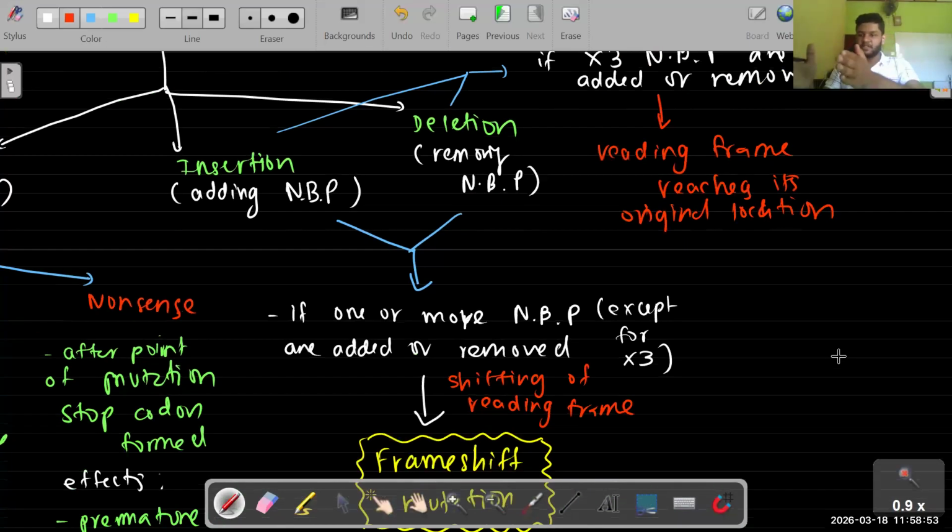Reading frame will be after the shift. If this is the sequence and we are adding triplets, the shift won't take place in this manner, it will just be adding. Now just think, this is the reading frame sequence. I'm adding one nucleotide pair, the reading frame shifts. Now I'm adding a triplet, it will get back to its initial location. That is what they are trying to convey, right? Reading frame will be reaching its original location.